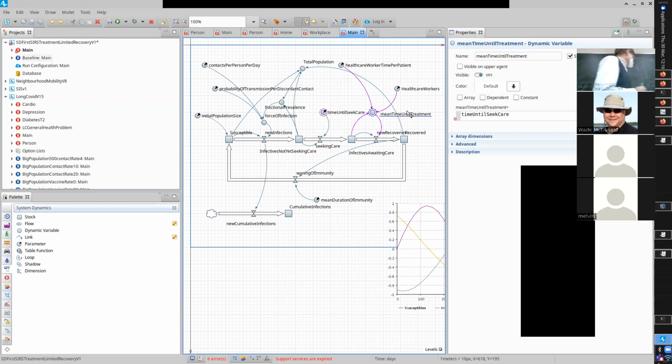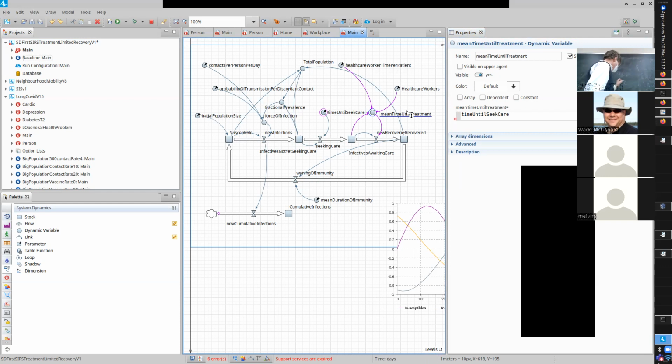And then if the healthcare worker time required per patient is more, so if it requires them an hour to treat each patient compared to 15 minutes, will it take each patient longer to get treated or shorter? Longer, yeah.